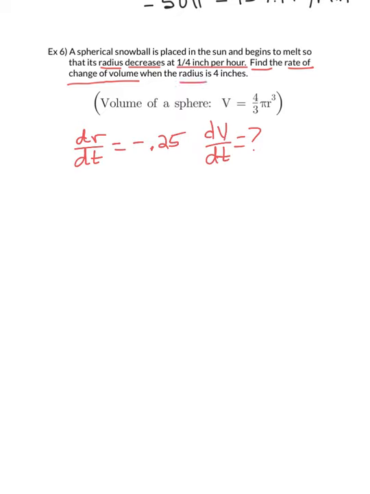And then it says radius is 4. So r is 4. Our information is about r's and V's, and those are the only variables in our formula, so we can just move forward with the derivative.